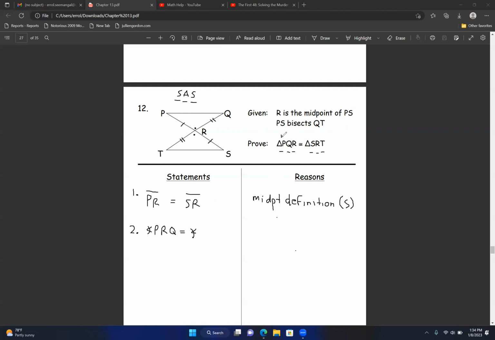You've got one, two, and three, right? So if you say PRQ, it has to be in the same order. S would be first, T would be second. You're saying this angle right here, the vertical angle, right? PRQ equals SRT. My bad, SRT.